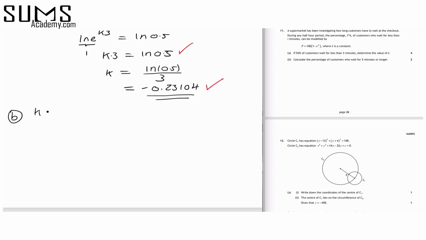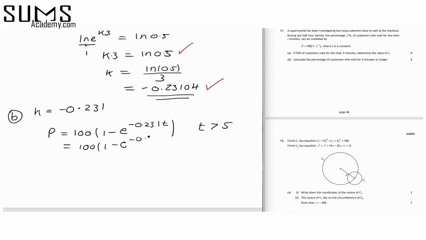So when k is equal to negative 0.231, our percentage is equal to 100 times 1 minus e to the minus 0.231t. Okay, and so we want to know when t is greater than 5 minutes. So this is going to be 100(1 minus e to the minus 0.231 times 5).